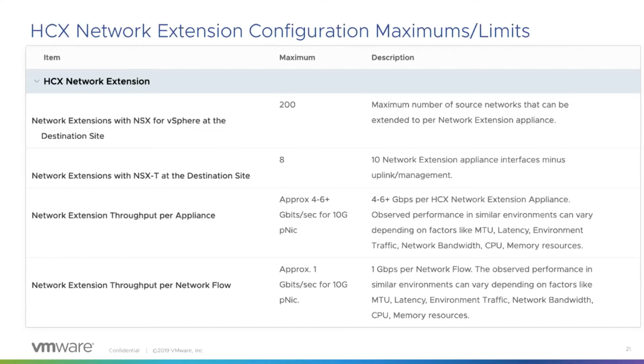Let's say for some reason one of the tunnels breaks or one of the L2C appliances goes 100% CPU or crashes for some reason. In that case, your blast zone is limited to that specific network. All the other networks will still continue to function fine.